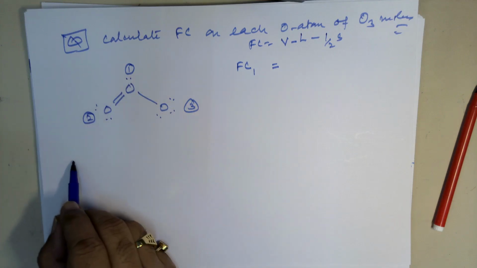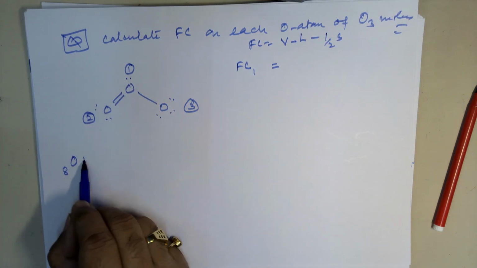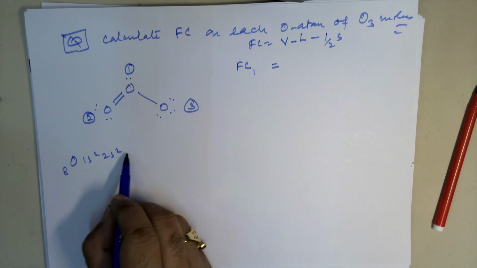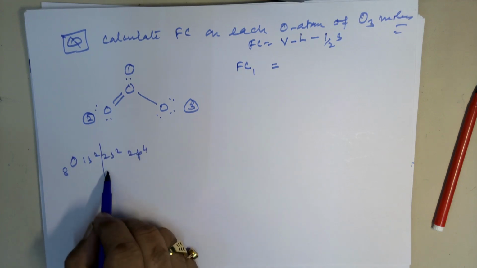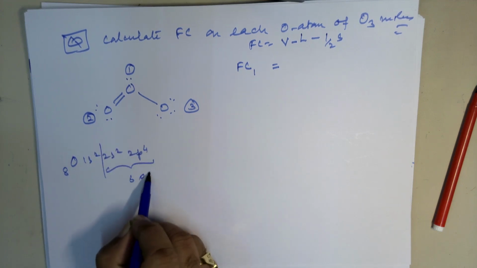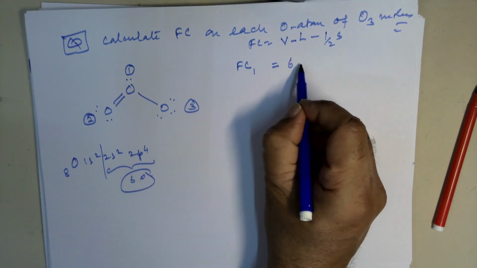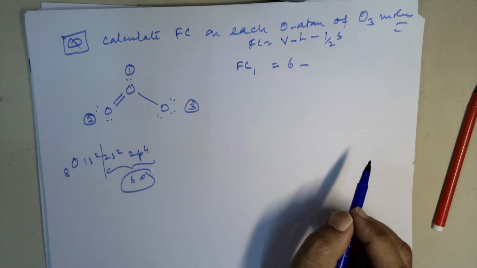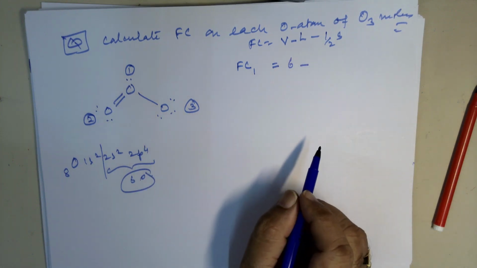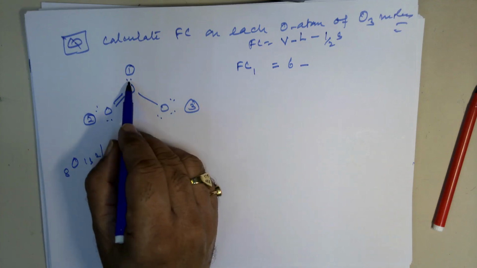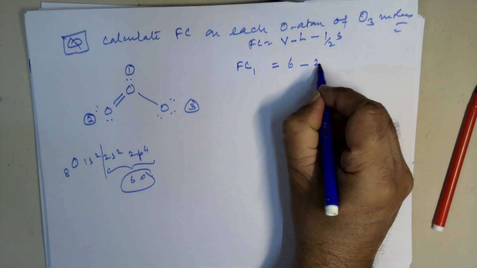For oxygen, you have 8, 1s2, 2s2, 2p4, which means 6 valence electrons. So valence electron 6 minus how many lone pair electrons are here? 2 electrons.